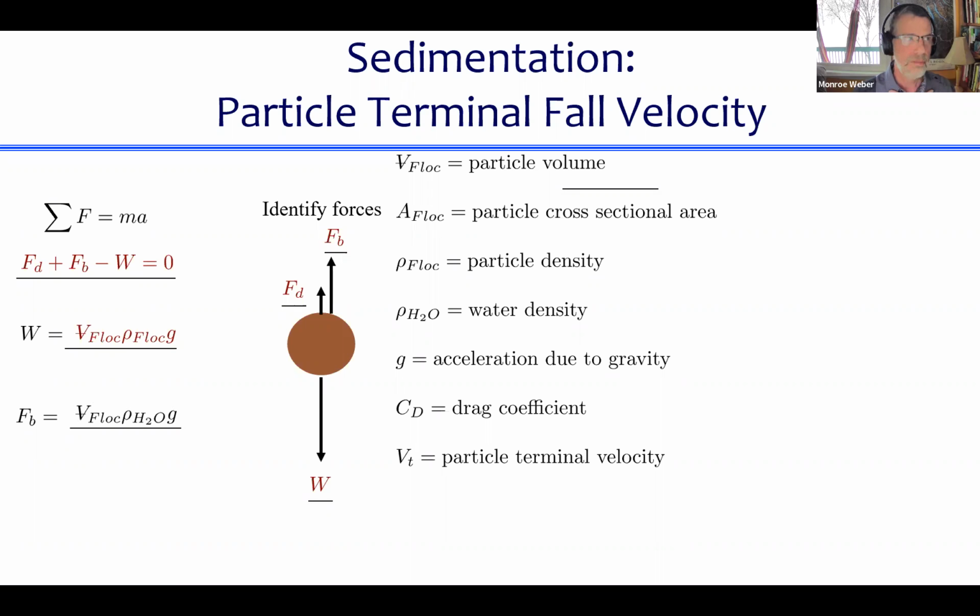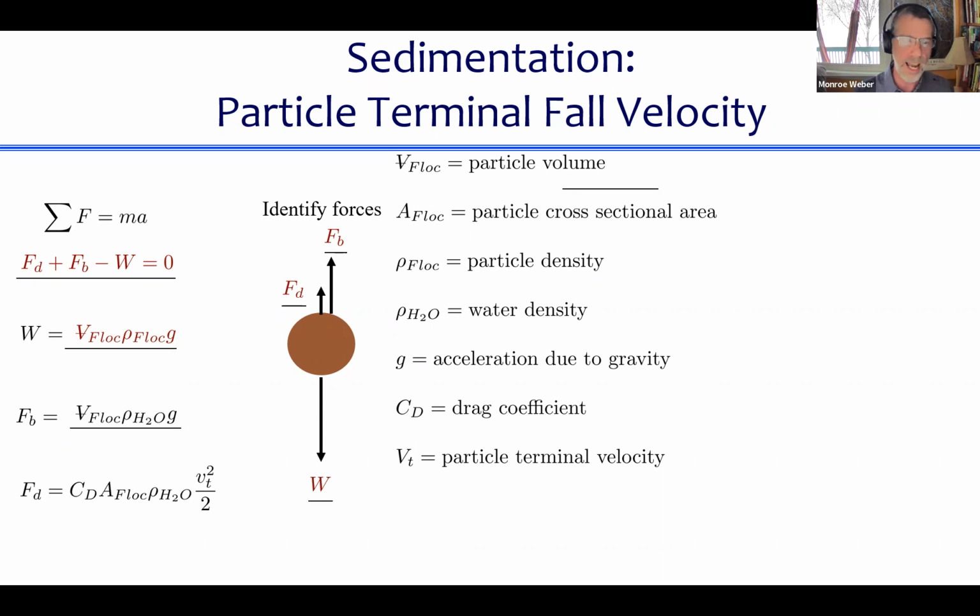You probably remember buoyant force from fluid mechanics. So that's the net force acting up, or the force acting in the upward direction. And then there's this drag force, and this drag force equation comes from fluid mechanics. It's dimensionally correct, makes sense.